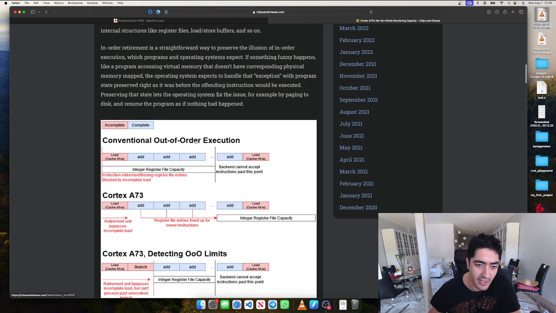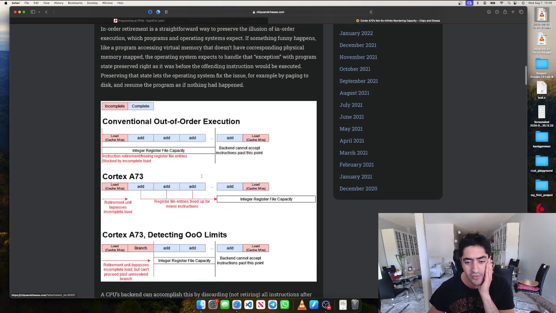So conventional out-of-order execution is load, add, and then you have integer register file capacity, instruction retirement, freeing register file entries blocked by incomplete load. Incomplete, complete. Which way are we moving?